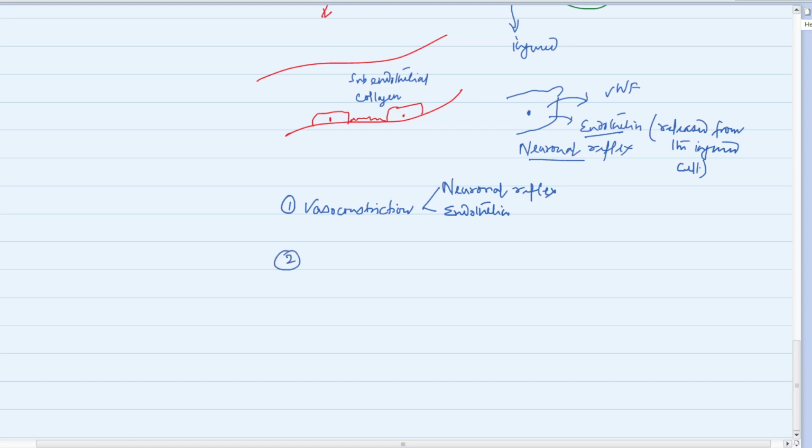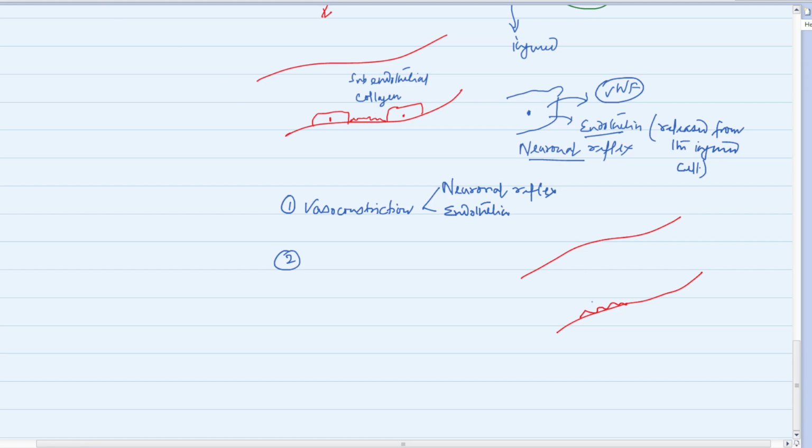The second event is that the von Willebrand factor released from the injured cell is available in the proximity of the exposed collagen. So let's draw this again. You have the collagen here, and in the vicinity there is von Willebrand factor.